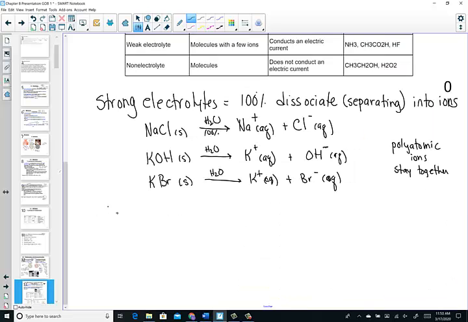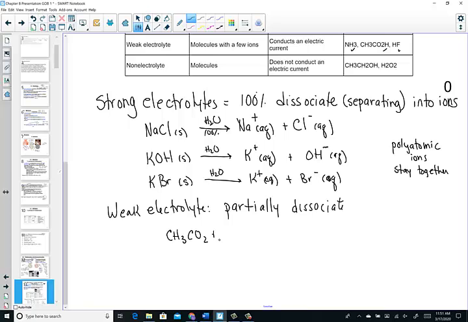When I consider now an example of a weak electrolyte, they only partially ionize or partially dissociate or partially separate. And let me give you an example there. Weak electrolytes include ammonia, acetic acid, hydrofluoric acid. Let's take, for example, acetic acid, CH3CO2H.